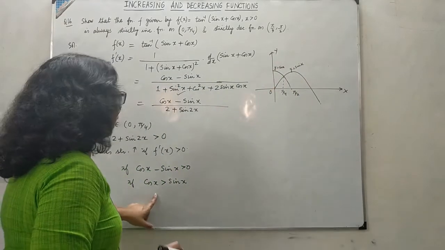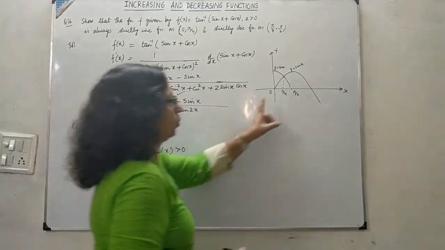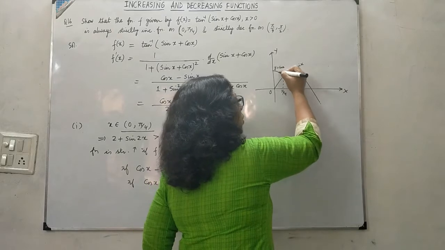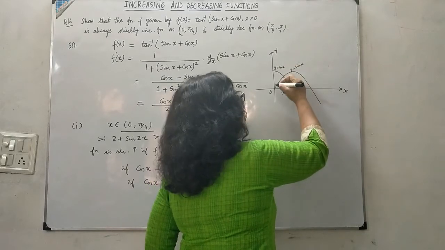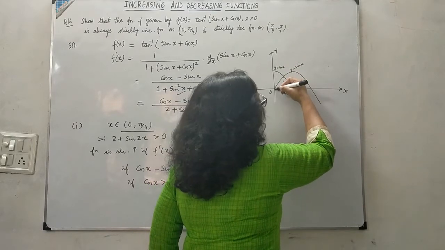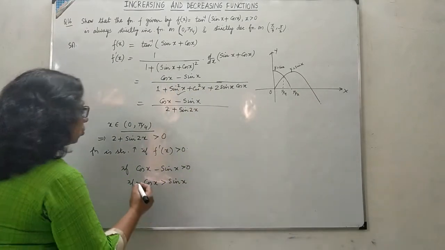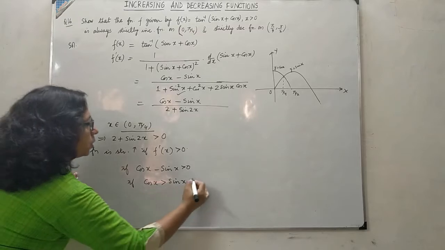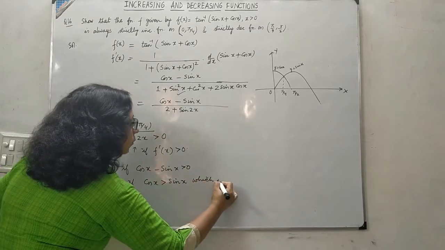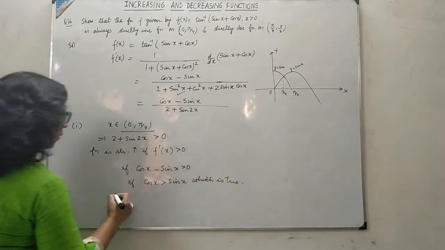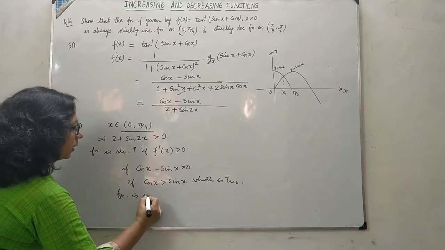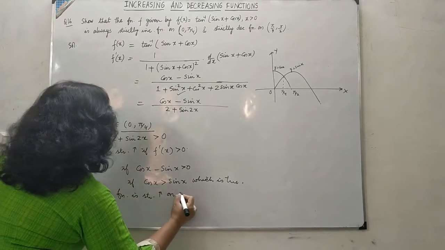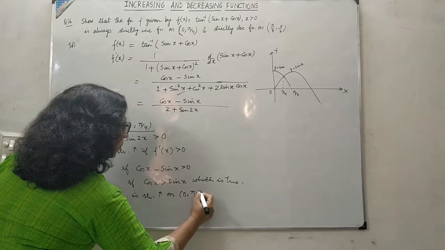Now, you can see that for 0 to pi by 4, the cos curve remains above the sin x curve. So this condition is satisfied. So hence the function is strictly increasing on 0 to pi by 4.